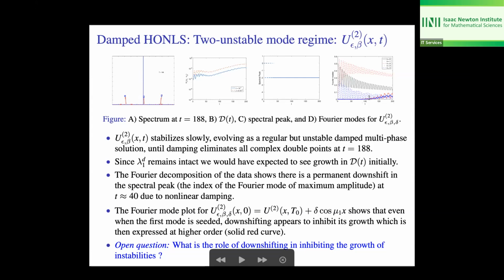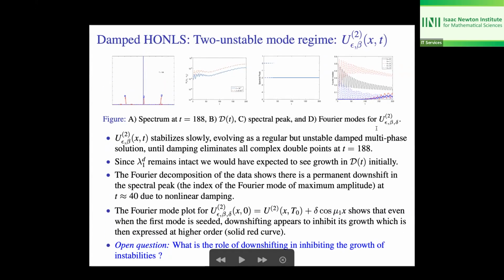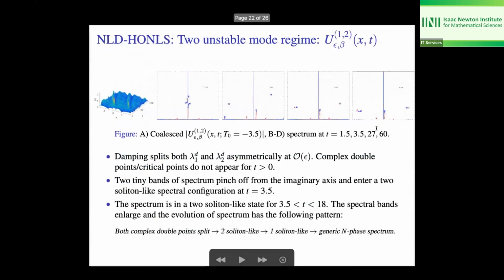The black curve corresponds to the 0th mode, and the red dashed line corresponds to k equals -2. But for k equals -1, it doesn't actually have significant growth until after 100. So the question is, what's the role of downshifting in inhibiting the growth of instabilities?